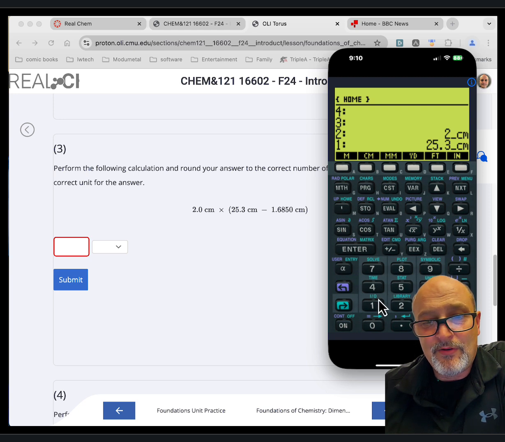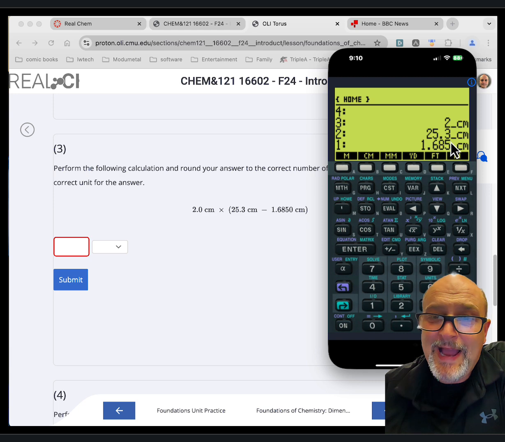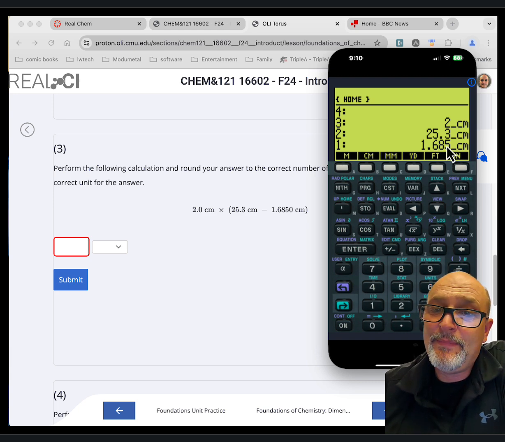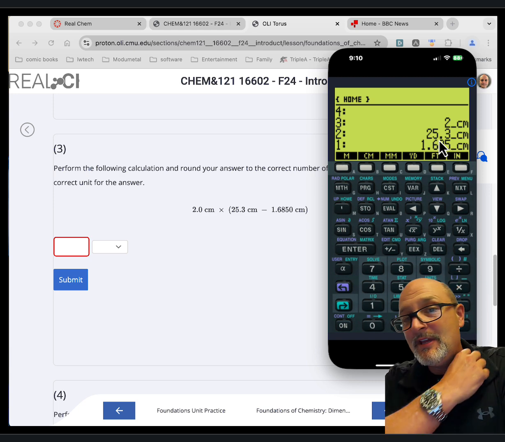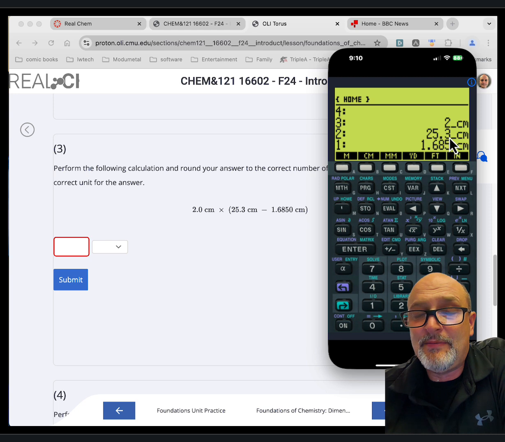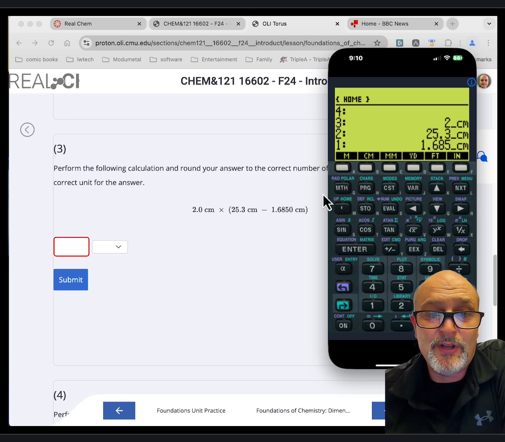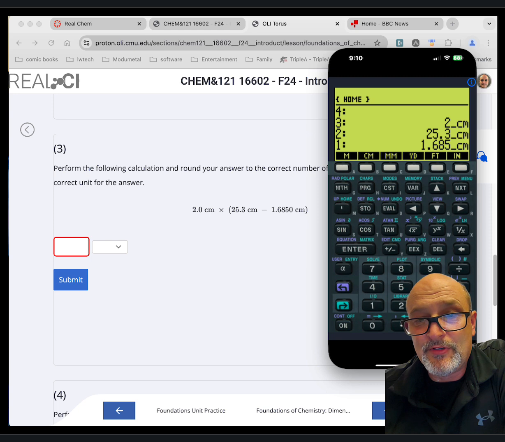But then we have 1.6850 centimeters. Now we're going to subtract, but we have to keep our sig figs straight, because if you remember, we only keep the number of decimal places of the term with the fewest decimal places, which is just 1 in this case. So we're going to subtract this out.